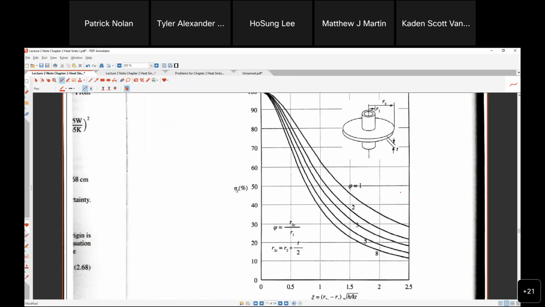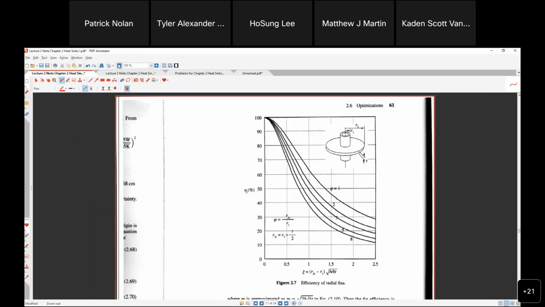Okay. Now, we understand the efficiency and the psi, also the phi expression.